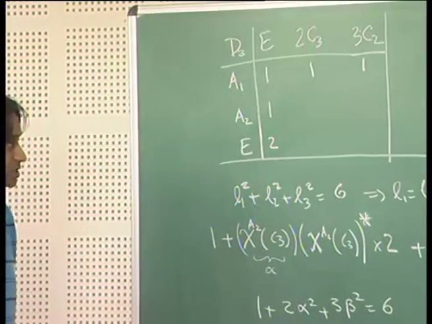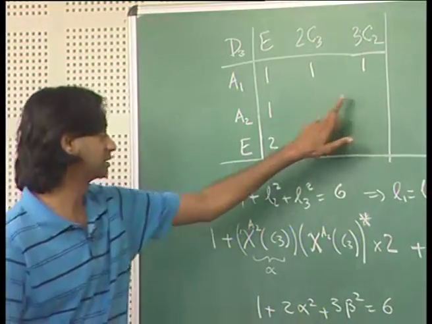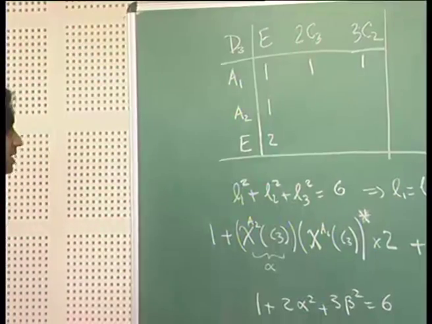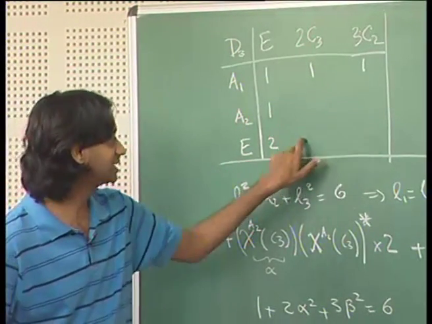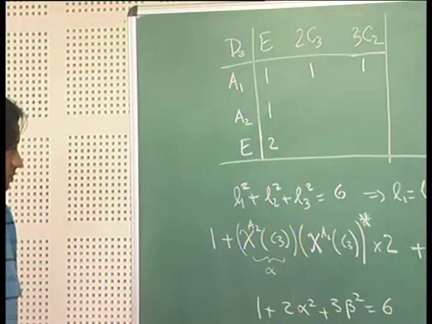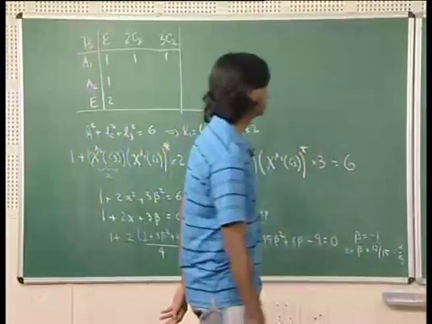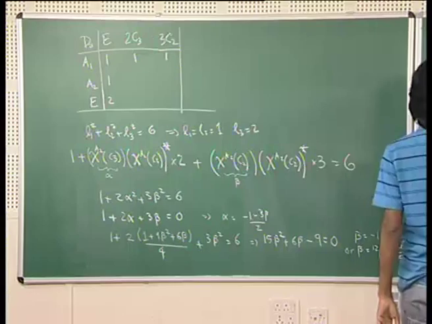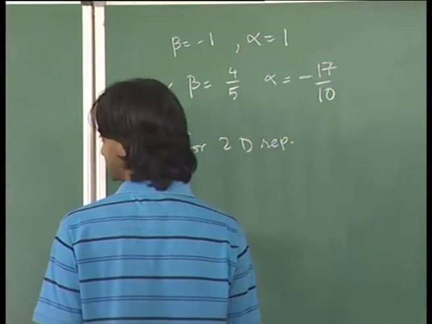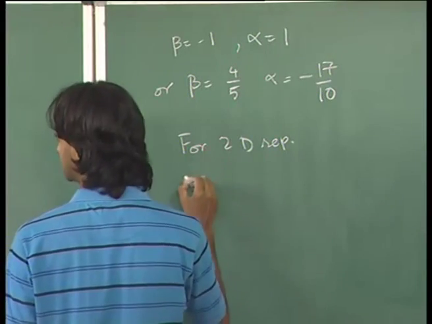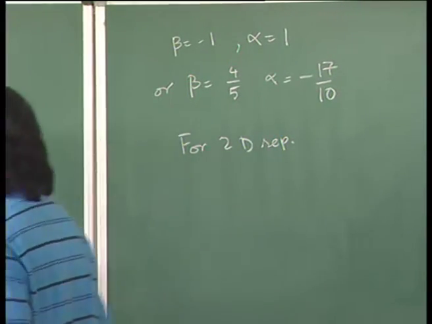Okay. Now, the question is how do you know which one to put here? And the answer to that is that you have to have the second set. Okay. You have to work out the two dimensional representation. So, for the two dimensional representation, what you will say is that the first is the sum of squares.